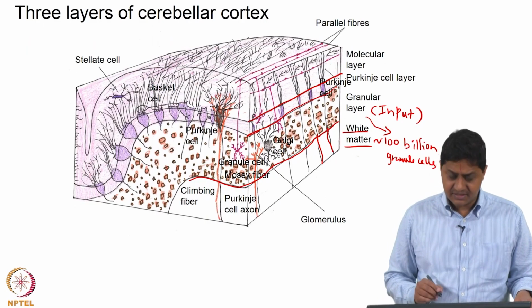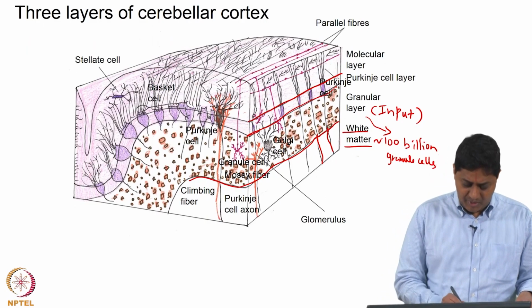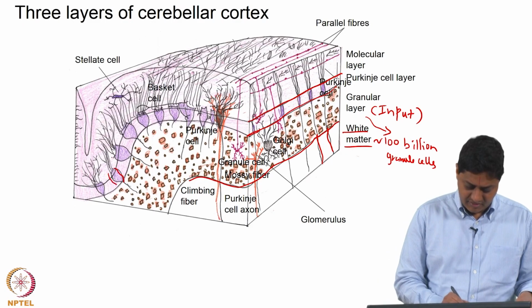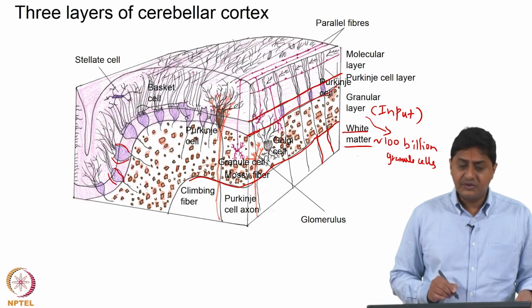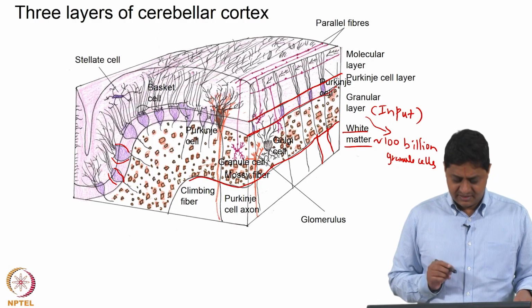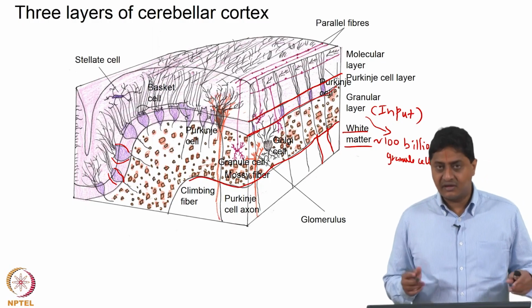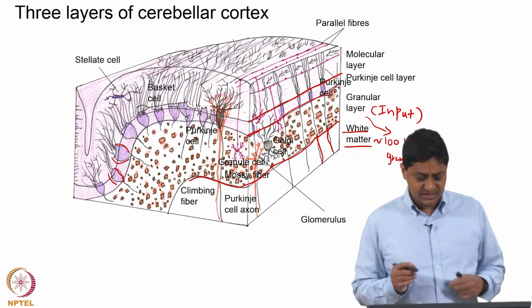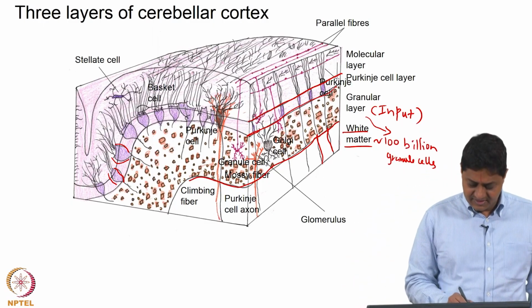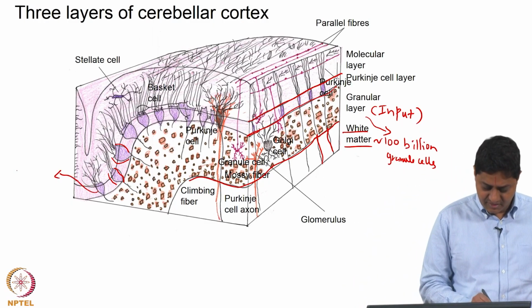The next layer is called the Purkinje cell layer. It contains cell bodies, shown in purple here, of unique and distinct cells that are specific to the cerebellum. These cells are called Purkinje cells.